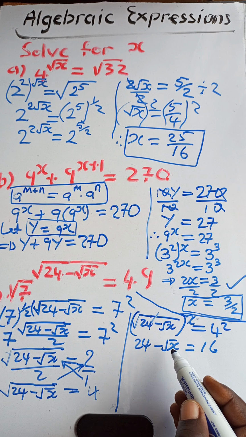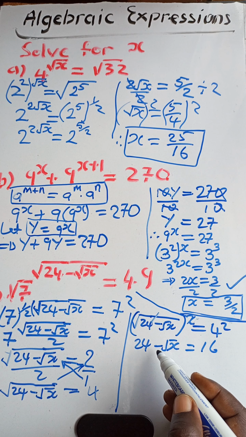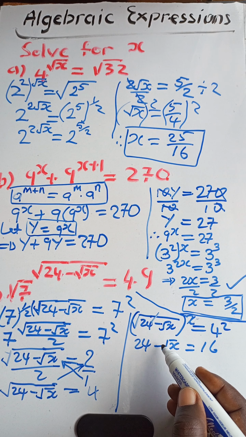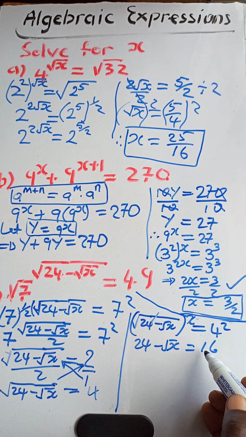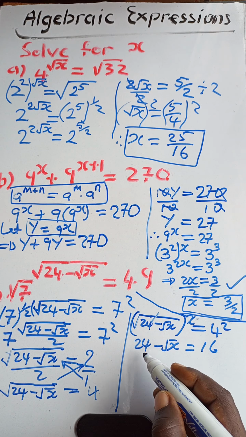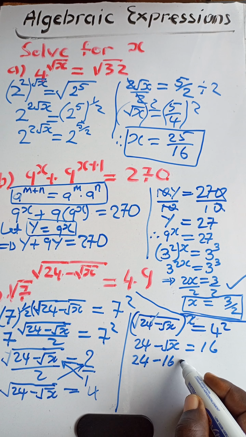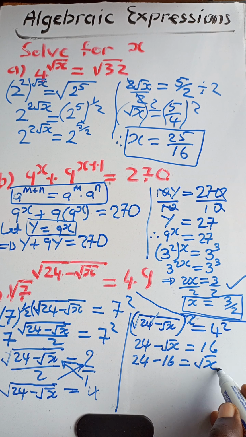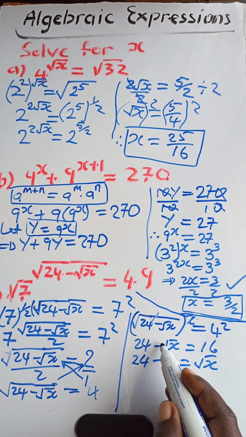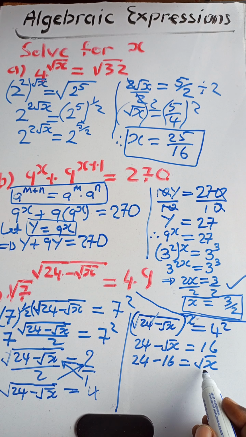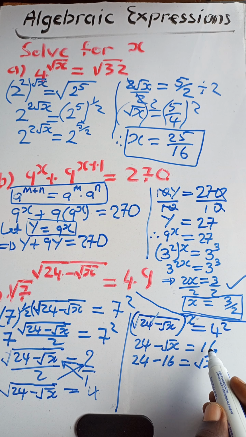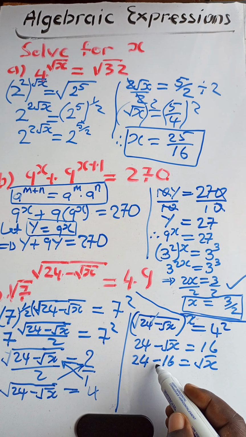Okay, remember, we are solving for x. So if we take this negative root x to the right hand side and take this positive 16 to the left hand side, we're going to obtain 24 minus 16 is equal to root x. Negative root x going to the right hand side becomes positive root x. Positive 16 coming to the left hand side becomes negative 16.